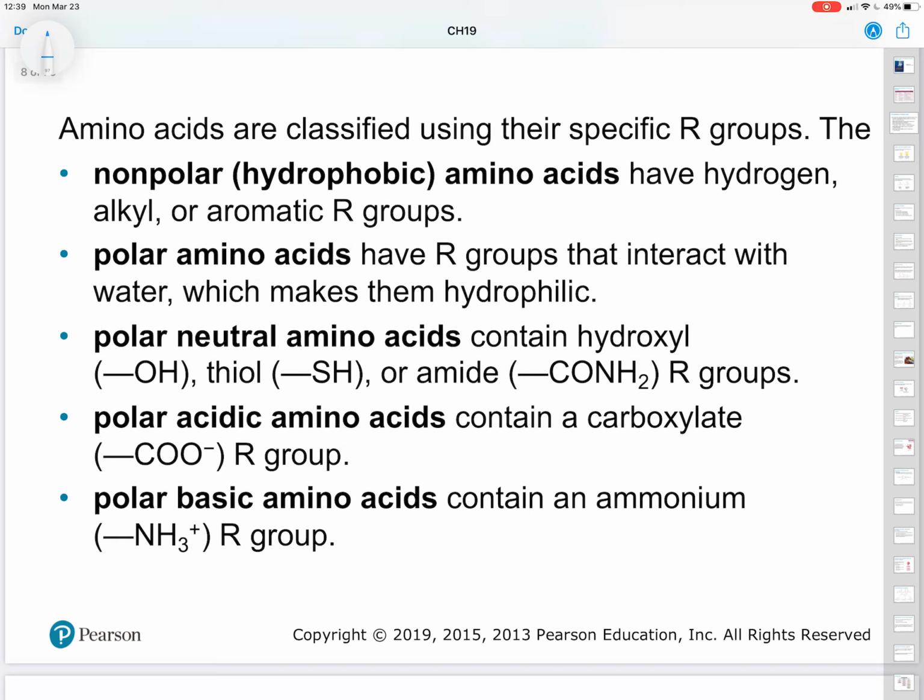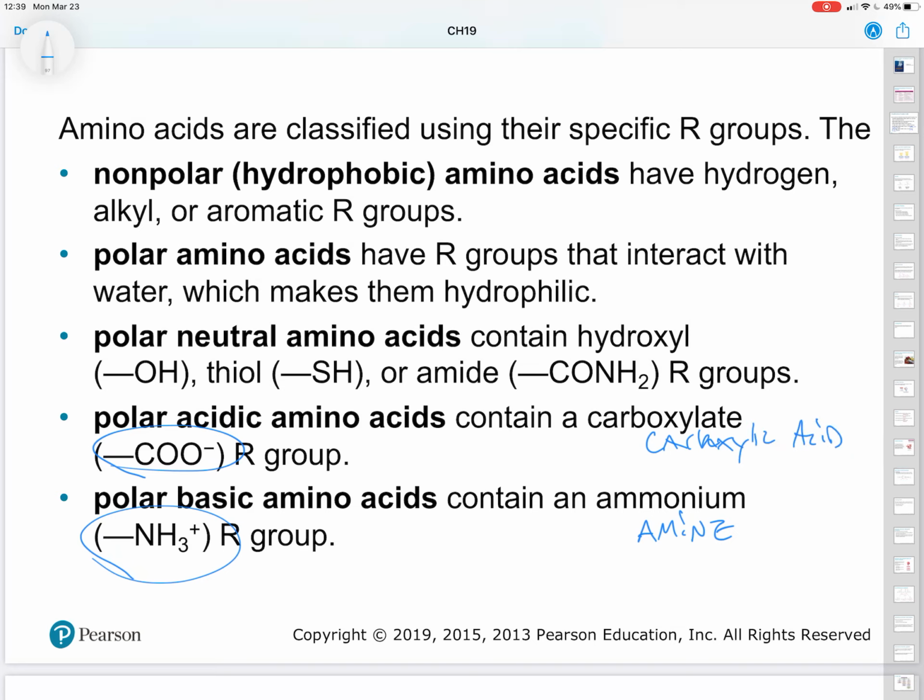The polar basic groups are going to have these NH3s. These polar acidics are going to have carboxylic acid groups on them. Of course, we could just say ammonium or amine. It's going to depend on the pH. And this is carboxylate or carboxylic acid.